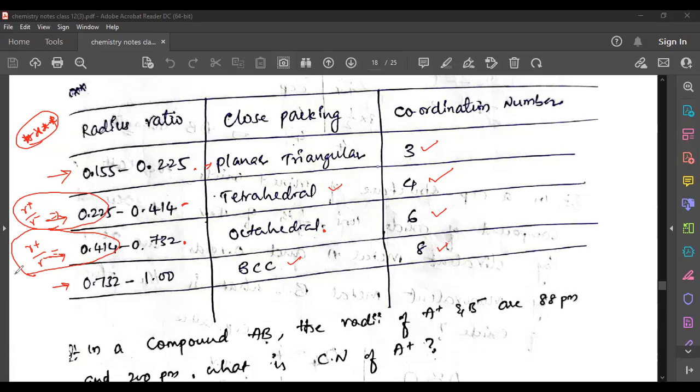First, we started with close packing in solids: one-dimensional, two-dimensional, three-dimensional we have covered. In two-dimensional, we have two different types: square close packing and hexagonal close packing. In square close packing, we have the AA type of arrangement. In hexagonal close packing, we have the AB type of arrangement.